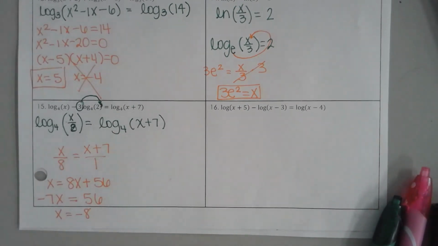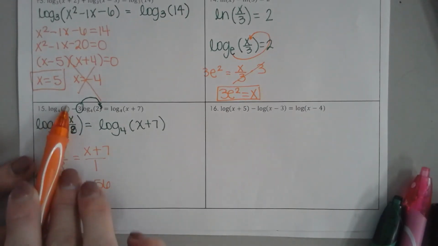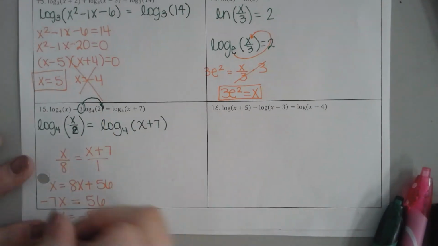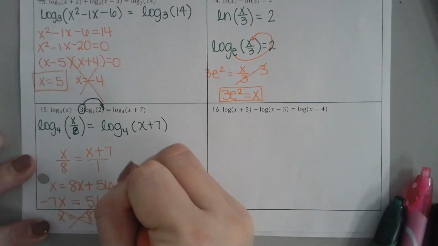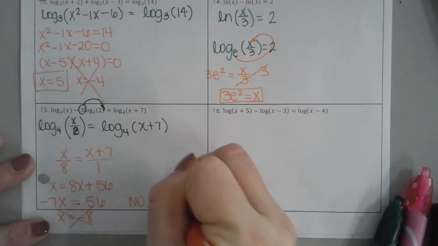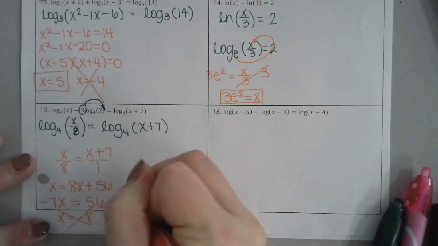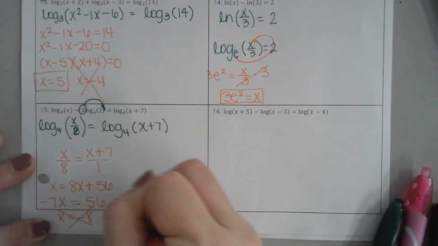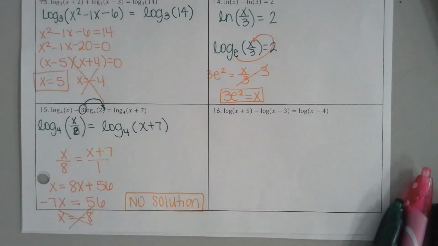So you would have lucked out on this one. Even if you mess that up, it's going to be no solution either way, because negative 8, if I plug it in there or there, it's still going to give me a negative number, which is no solution. You won't always get lucky.